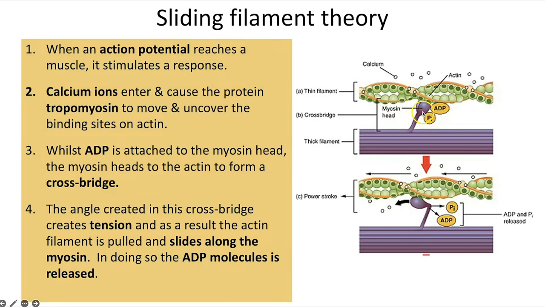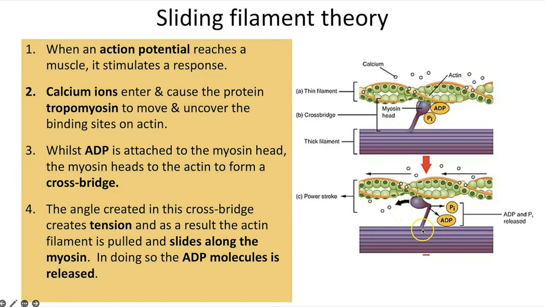So we've now created a bridge between the myosin and the actin. This angle that is created in the cross bridge creates tension on the myosin head. And as a result, that tension results in this power stroke, which is when the myosin head flicks. It really slides that actin along the myosin.